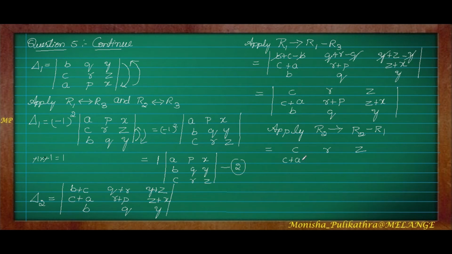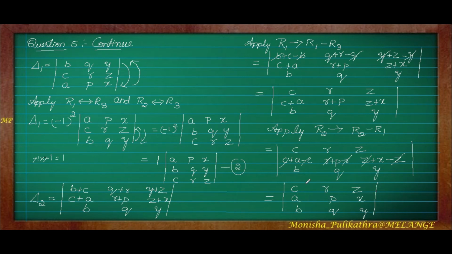Second row C plus A minus C, next R plus P minus R, then Z plus X minus Z. Okay, the third row you write as it is, B, Q, Y. Fine. Here plus C minus C, plus R minus R, plus Z minus Z gets cancelled. Remaining C, R, Z, A, P, X, and B, Q, Y. Okay. So what you have to do here?